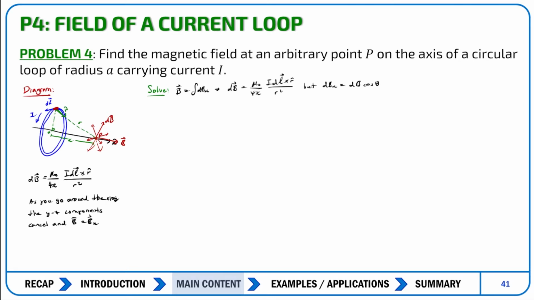And we know that cosine of theta, so we take a look at theta, which is over here, cosine of theta is equal to a over r. And we also know that r is equal to the square root of x squared plus a squared.